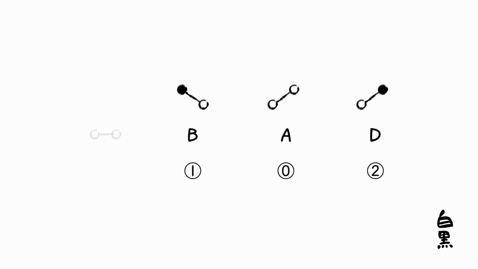Did you get them all right? Now, try to recall what patterns they follow and the numbers that mark their pitch accent in textbooks and dictionaries. You can pause the video here. Yes, it's pattern B, A, and D, with number 1, 0, and 2.